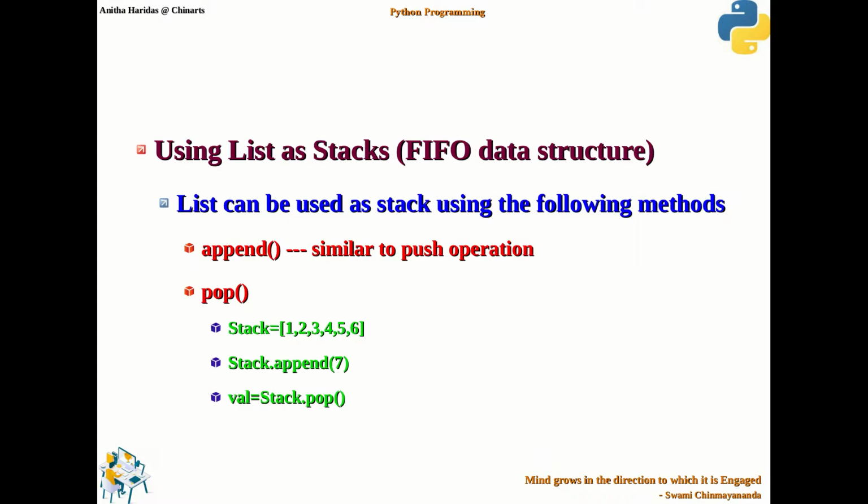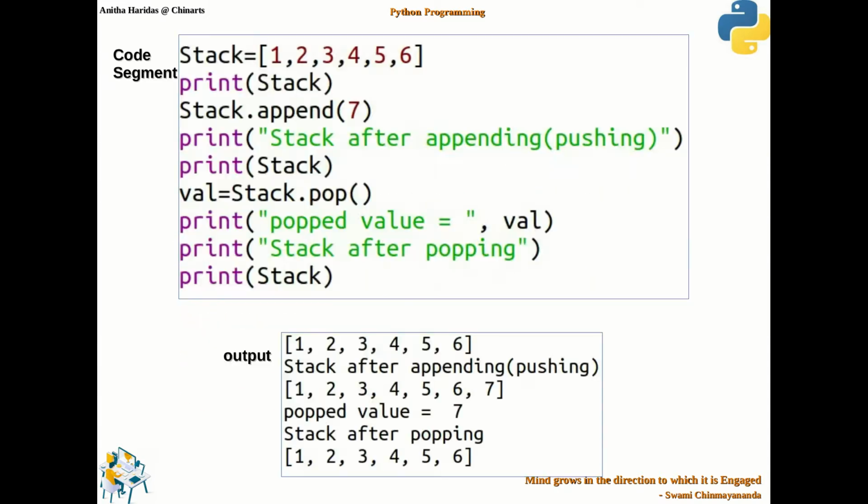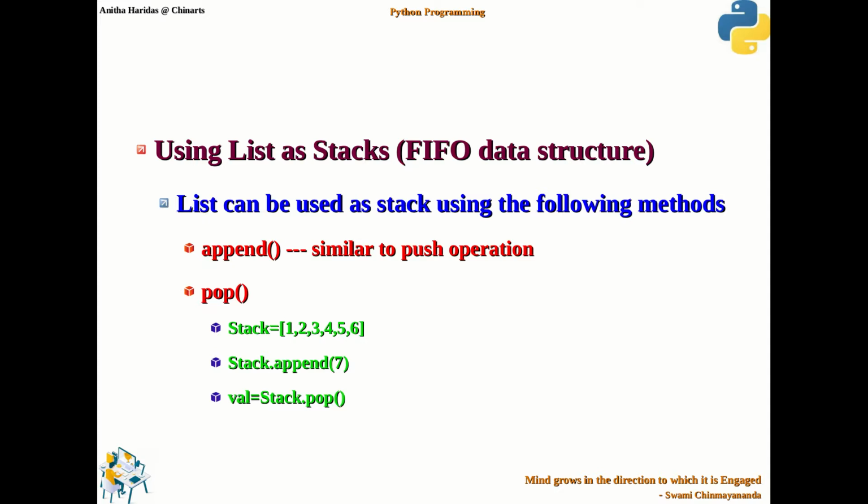Then the list can also be used as a stack, and it can also be used as a queue, right? So I think you can recollect the programs you have written for creating a stack data structure and queue data structure using C and C++ program. So you have written around 50 to 60 lines of codes for creating a stack class or a queue class, right?